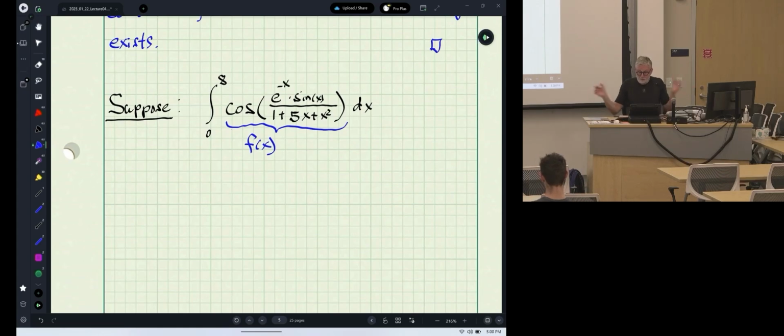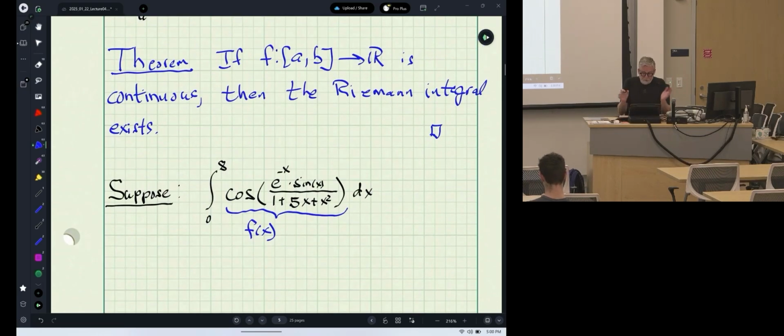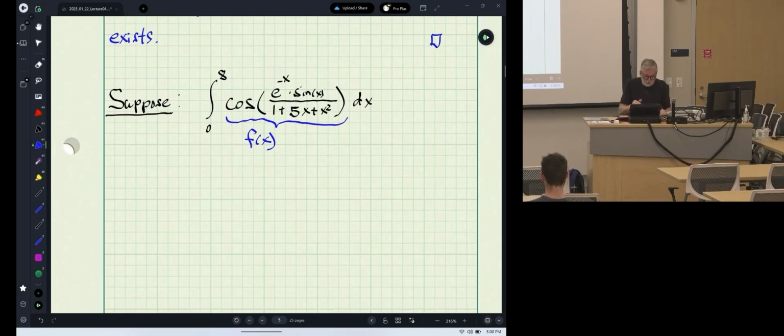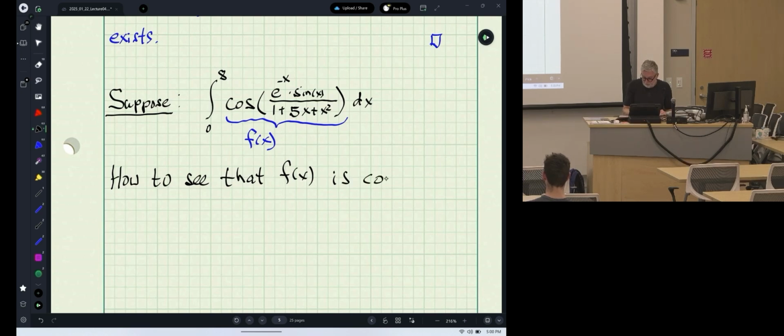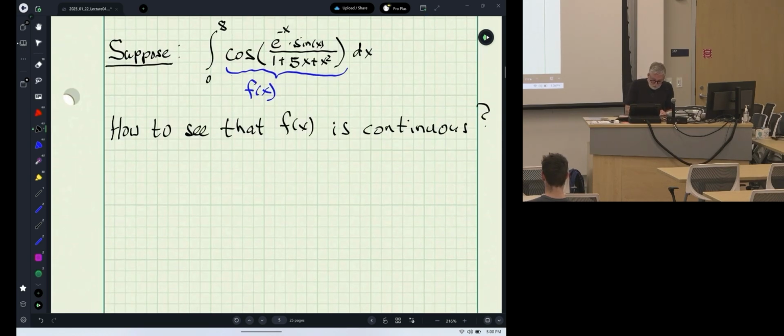So for us, what we have now is that if the function is continuous, it exists. So how to see that this function is continuous? Okay, and so we're going to do a qualitative analysis.